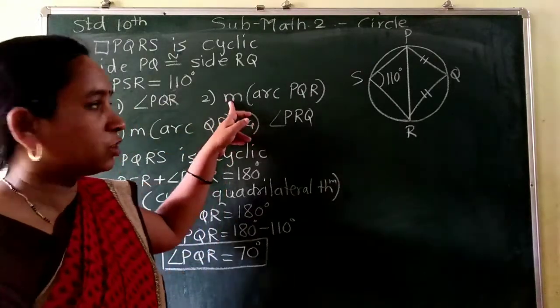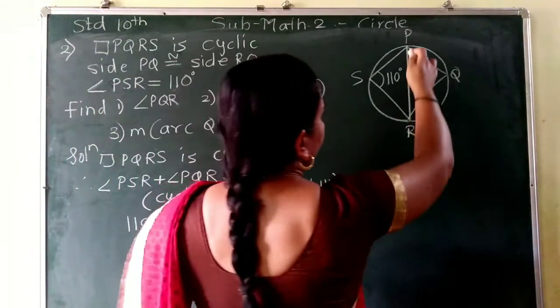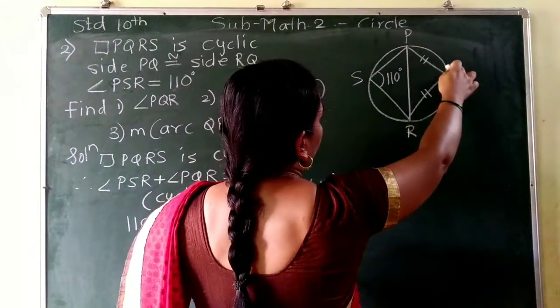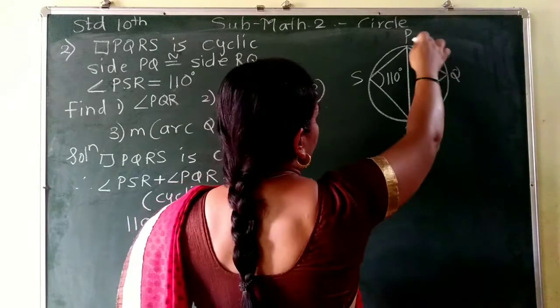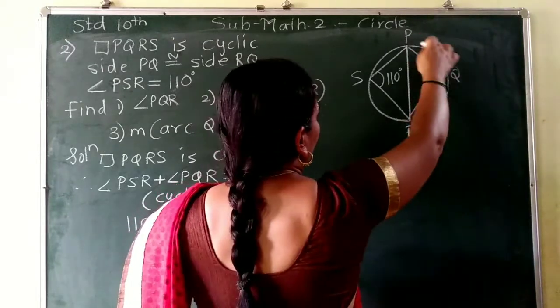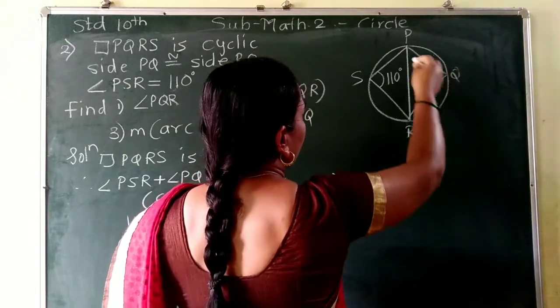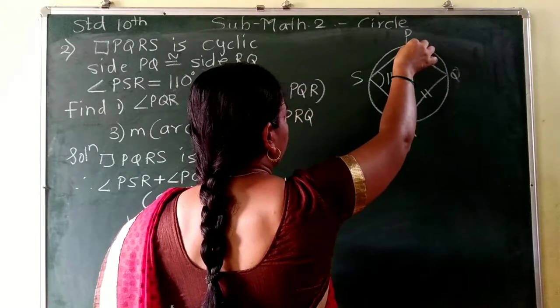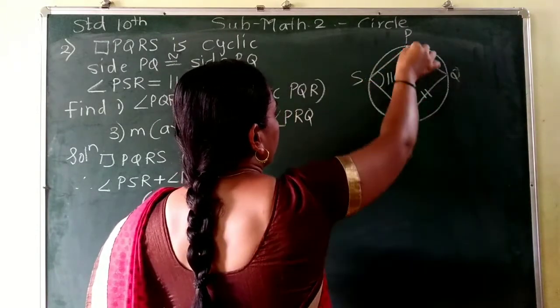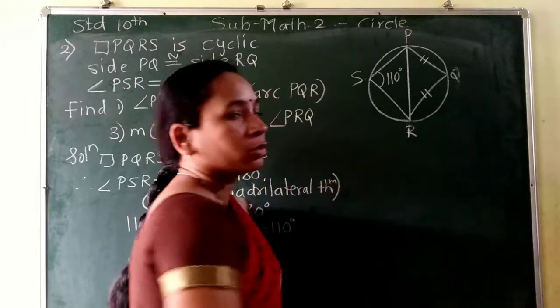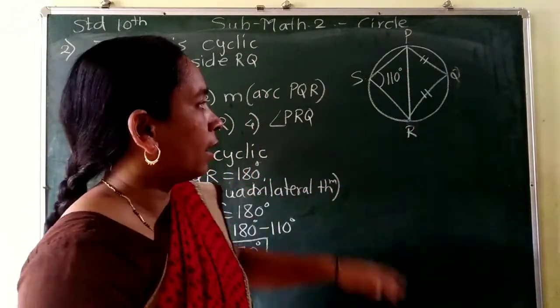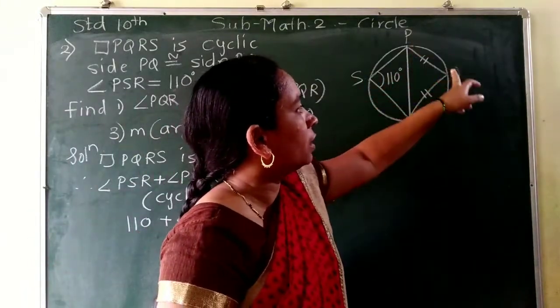Now second, the measure of arc PQR. If you observe, this is the intercepted arc by the inscribed angle PSR. So PSR is the inscribed angle and it intercepts the arc PQR.